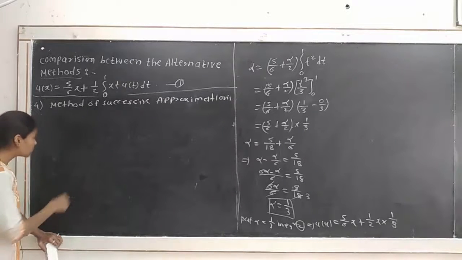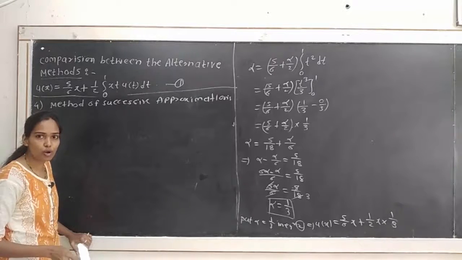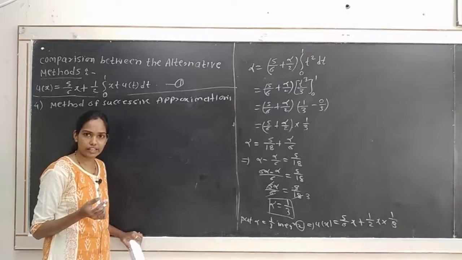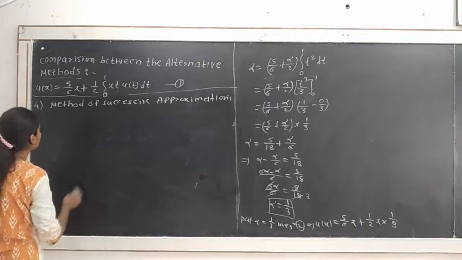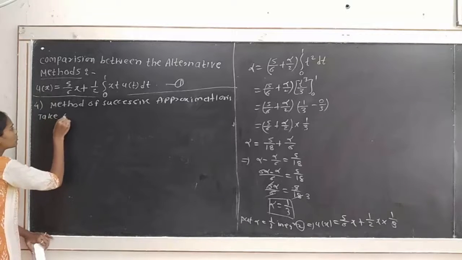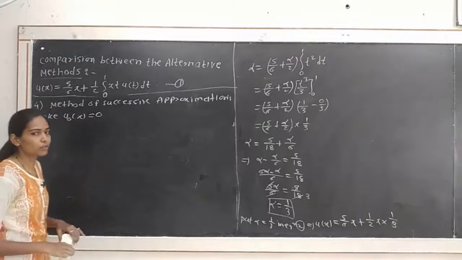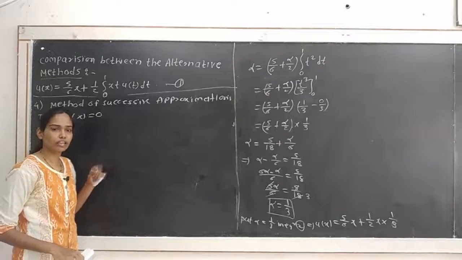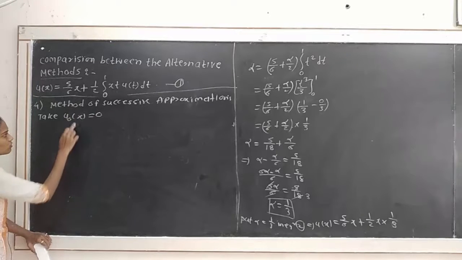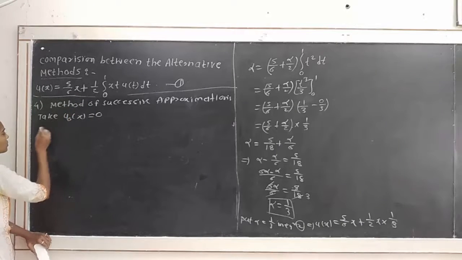For that, we consider the zeroth approximation, u0 of x, equal to either function 0 or 1 or x. Here we take u0 of x equal to 0. You can choose the zeroth approximation as either 0 or 1 or x; it doesn't affect our solution. We take the zeroth approximation as 0 to simplify the calculation.